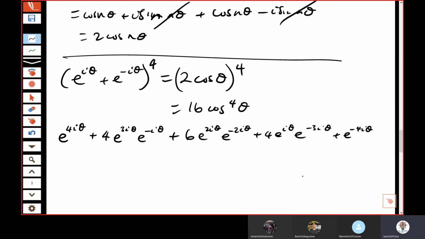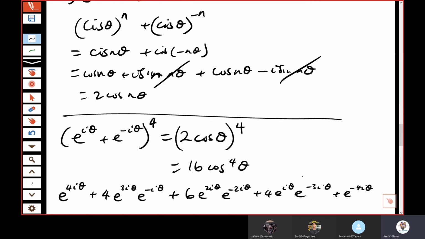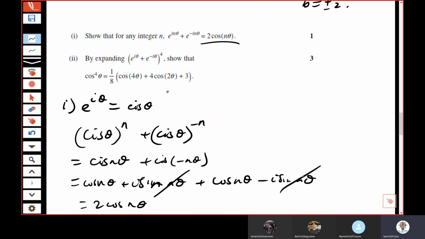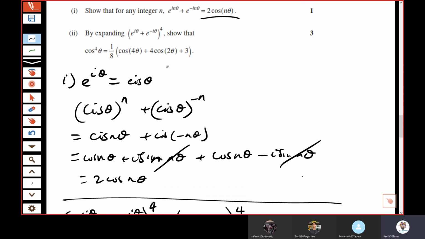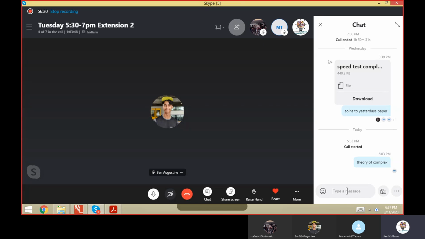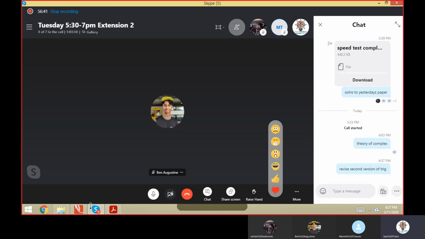This one's powers of trig in terms of multiples. Can you see how it's multiples? 4θ, 2θ. So again, now that you guys said that, with those faces, revise the second version of trig. Understand what that is? Keep going.